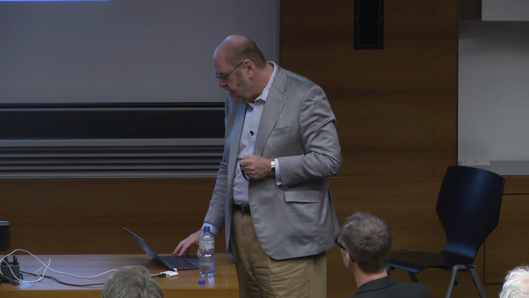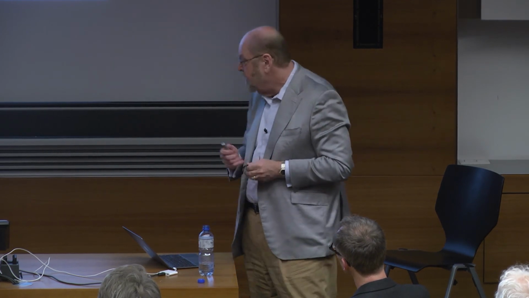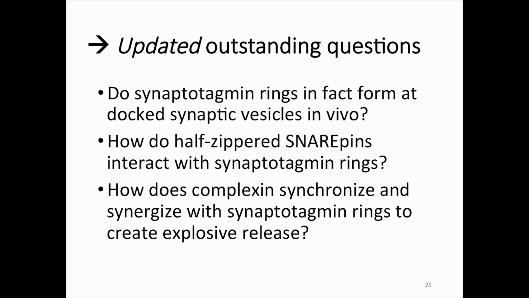So then, what are the updated outstanding questions that we can go forward with? Most importantly, do synaptotagmin rings in fact form at docked synaptic vesicles in vivo? I actually haven't shown you a shred of evidence that these rings actually exist in a cell. Never mind a neuron. We have a growing mountain of genetic evidence on all sides of that, but still no direct evidence.